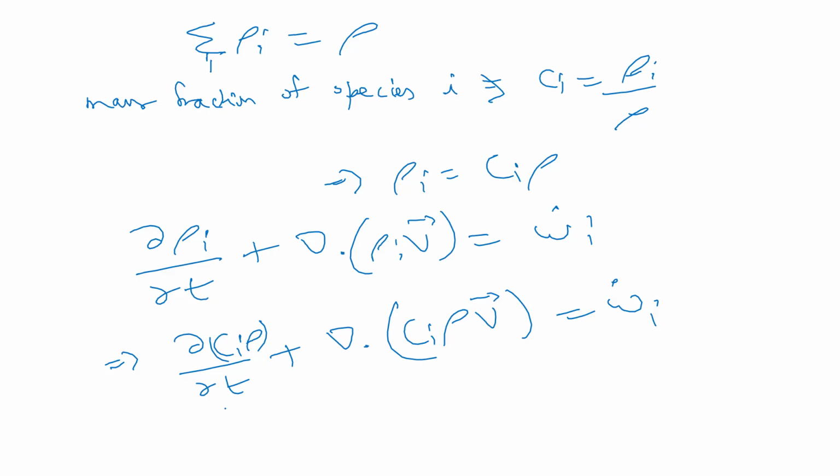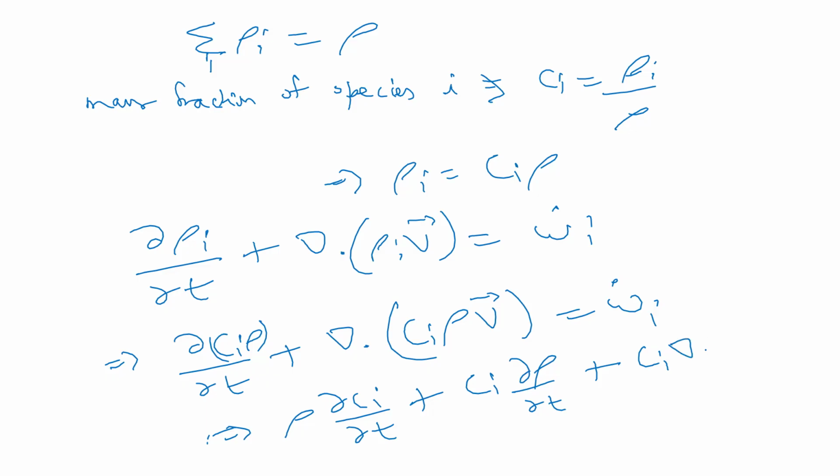We will separate this term. So we will get Ci del rho by del t plus rho del Ci by del t, plus Ci del dot rho V plus rho V dot del Ci equal to wi dot.